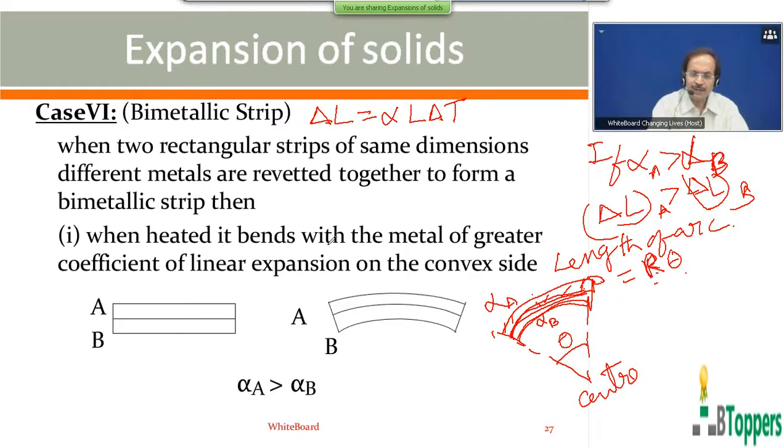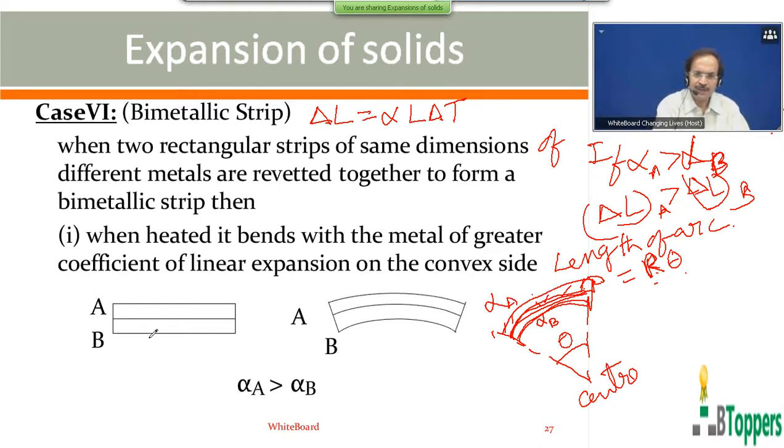Here I have shown, I will once read out what is shown on the screen. When two rectangular strips of the same dimensions of different metals are riveted together to form a bimetallic strip, then, first point, when heated, it bends with the metal of greater coefficient of linear expansion on the convex side.